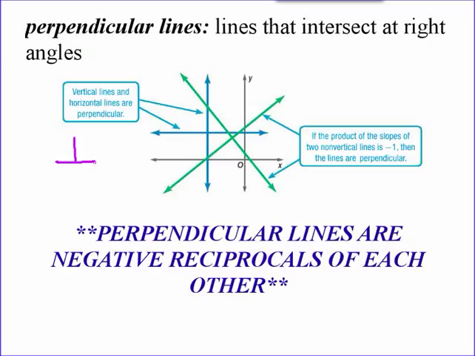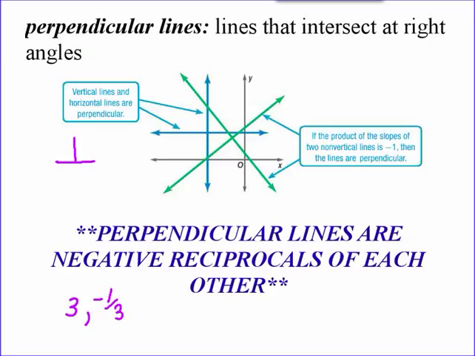It says if the product of the slopes of two non-vertical lines is -1, then the lines are perpendicular. I like to think of it this way, that they're negative reciprocals. So what that means, if a line has a slope of 3, a line that is perpendicular to it would have a slope of negative 1/3.